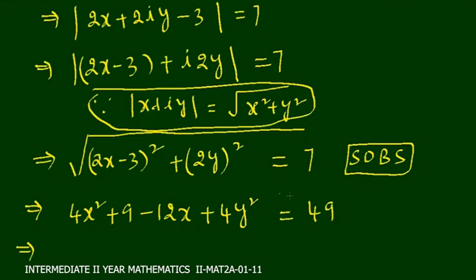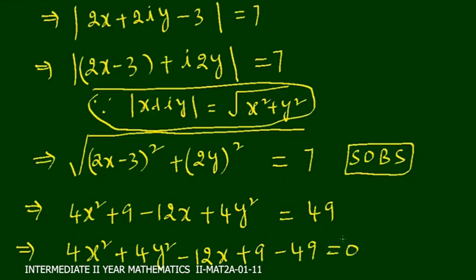So bring 49 to the left side. This is 4x square plus 4y square minus 12x plus 9 minus 49 is equal to 0.